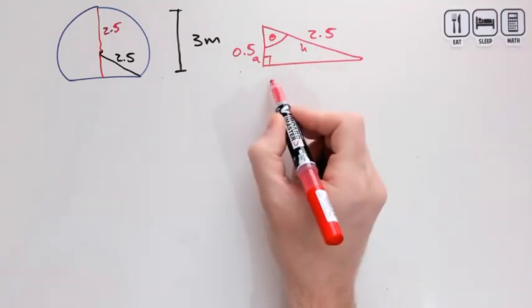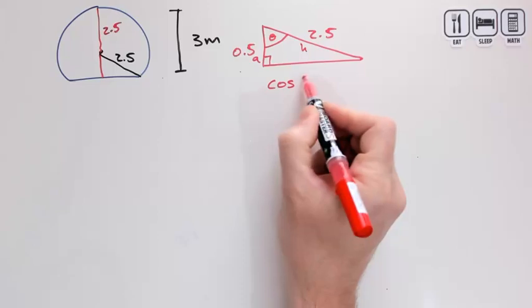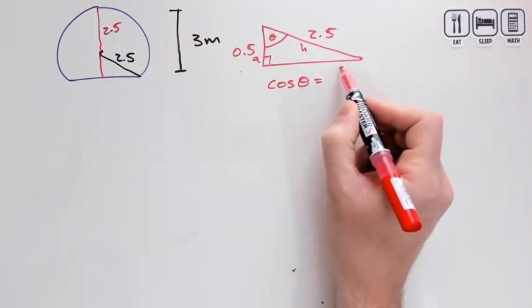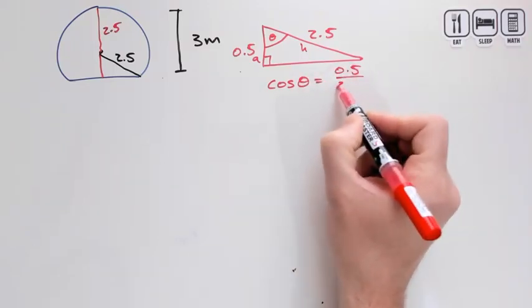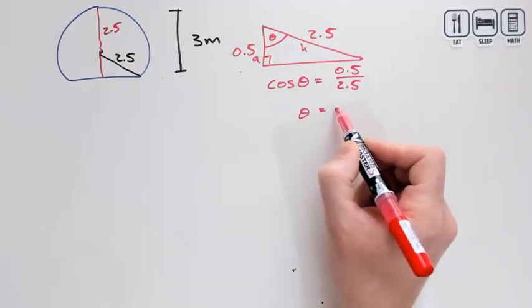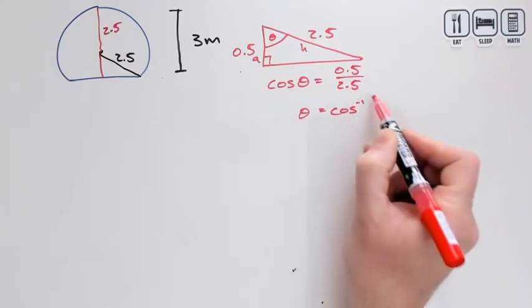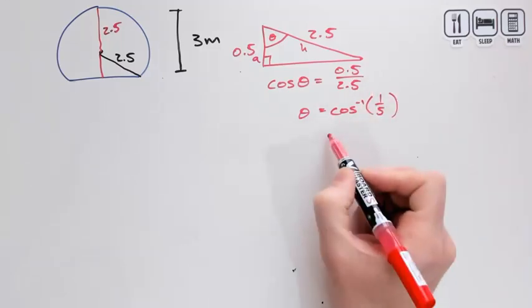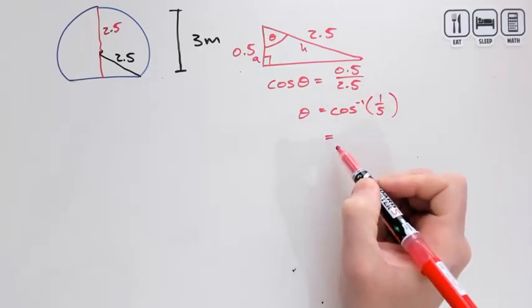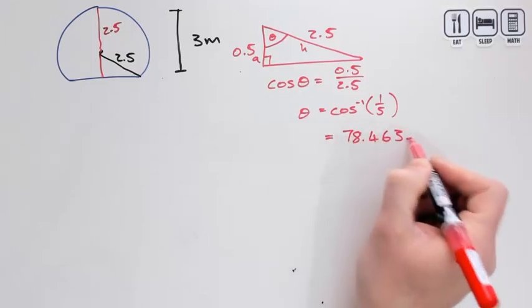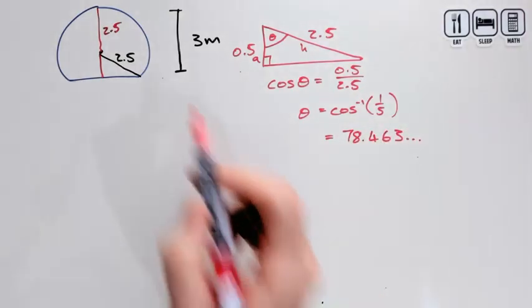With the hypotenuse, the cosine of this angle is going to be 0.5 over 2.5. So this angle is going to be the inverse cosine of, that's just 1 over 5. You'll type that in your calculator, and you'll get an answer like 78.463. So that is that angle.